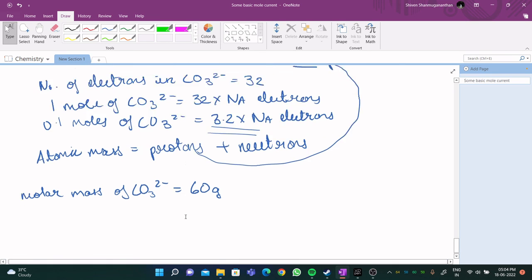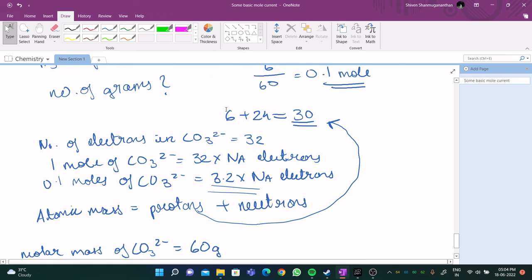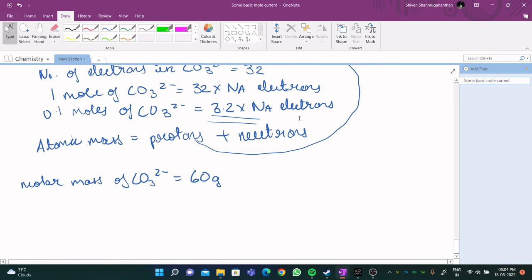All right, and we saw that it has 30 protons. Just write molecular mass here, it will make things easier.